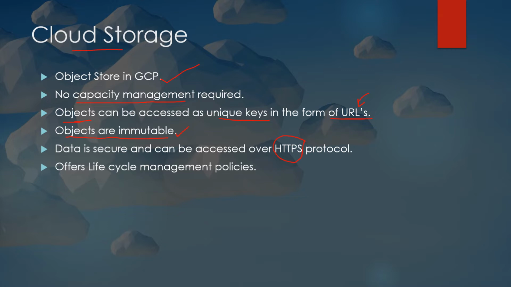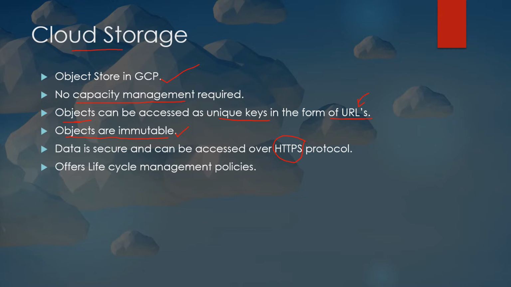What it actually means is that you are not updating a file in place. You are actually updating the version of that file. So the complete file is stored back on Cloud Storage in the form of a new version.